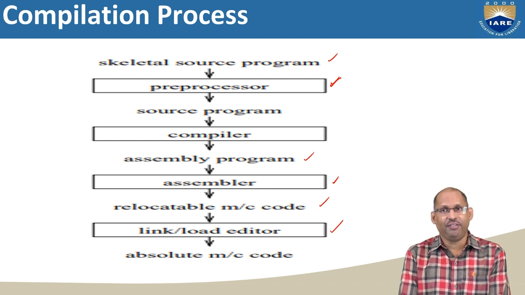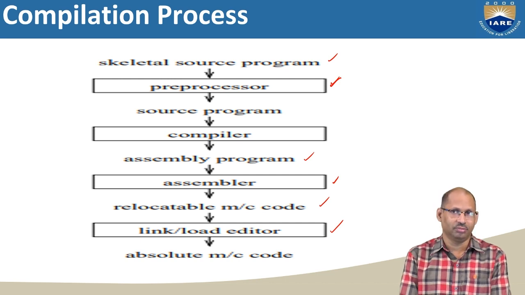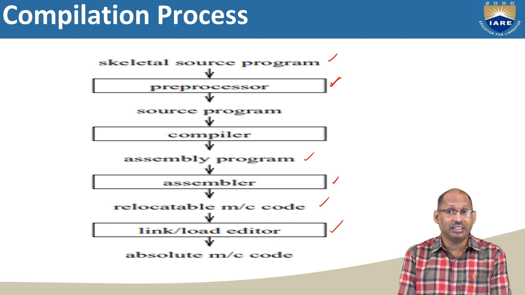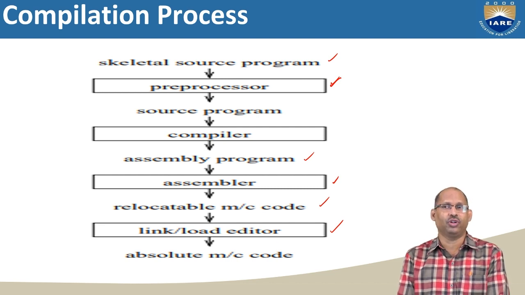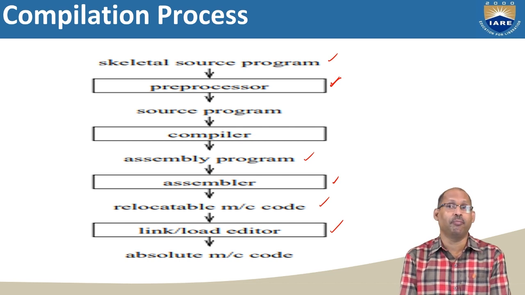So what is the task of the link editor? What is the task of the load editor? The link editor combines the object code of all the header files included in this program. If I write hash include std.h, hash include is a preprocessor command, and the object code of std.h is included into our current program with the help of the linker.